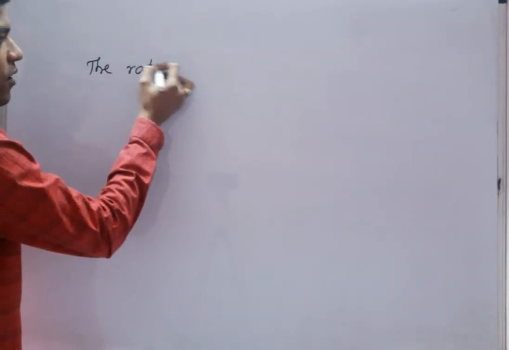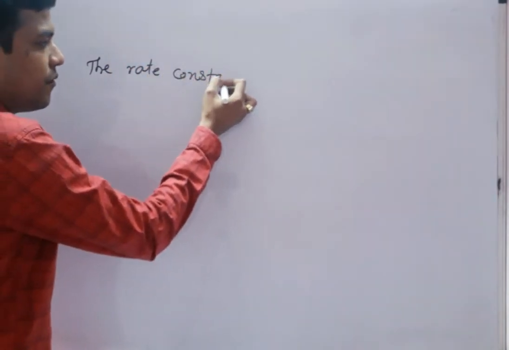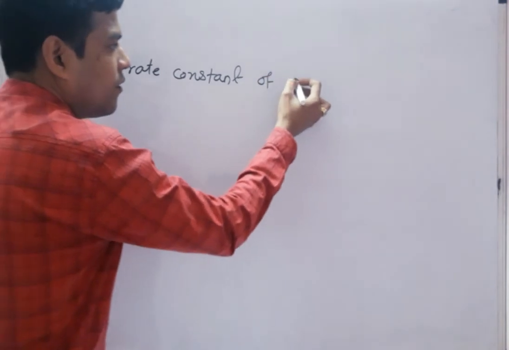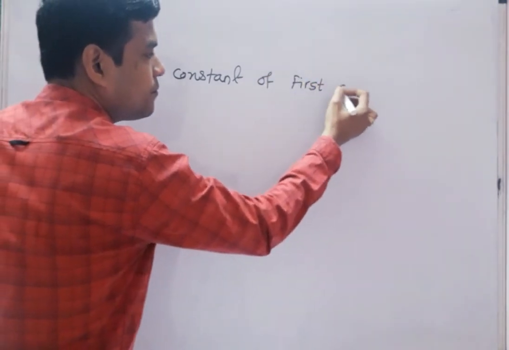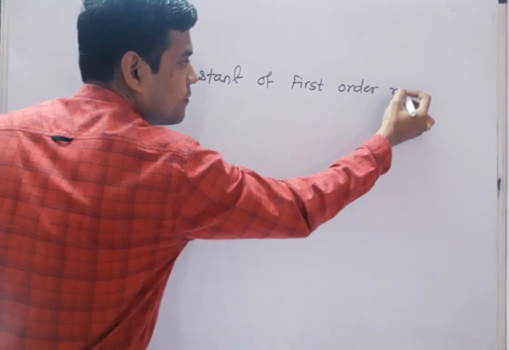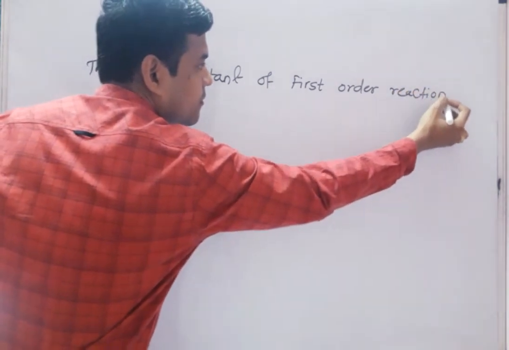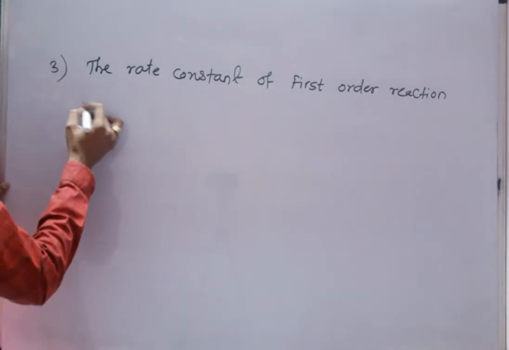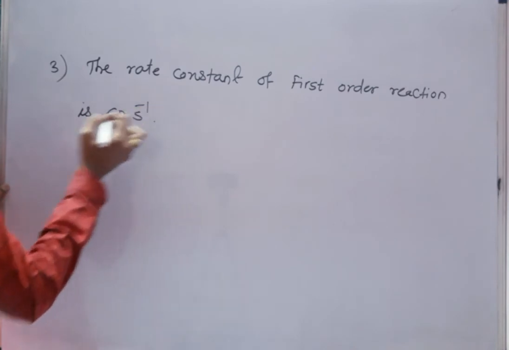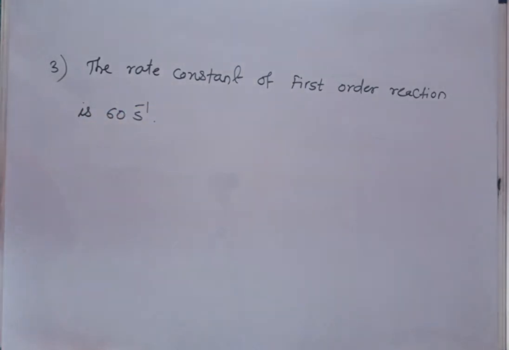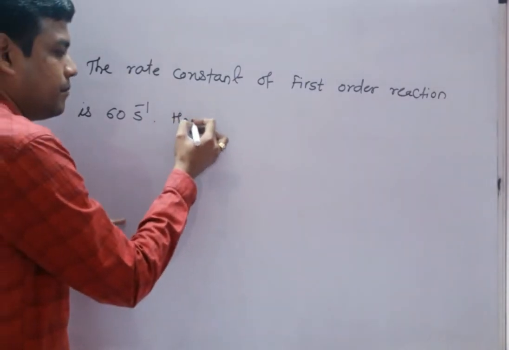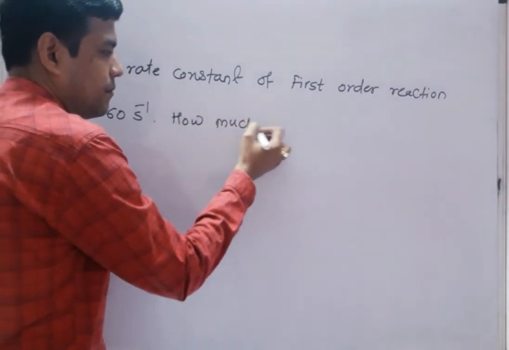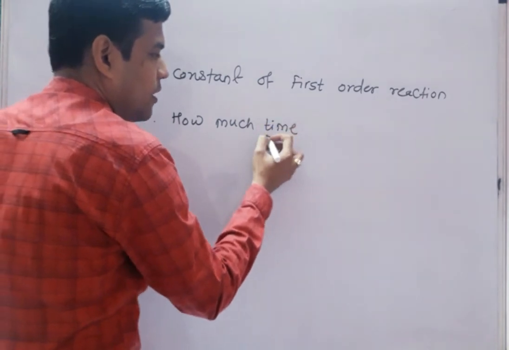The rate constant of first order reaction, this is third numerical. Reaction is 60 per second. How much time will it take to reduce? So here time is asked.